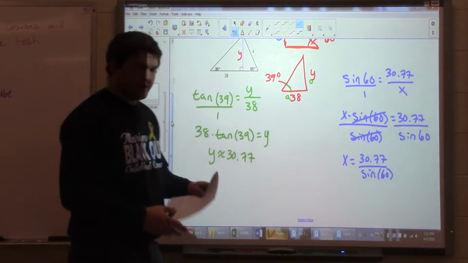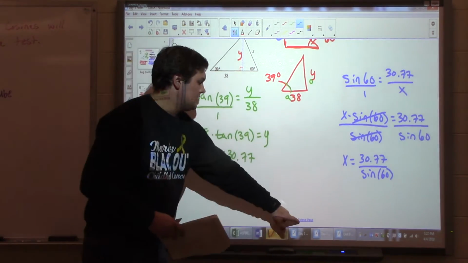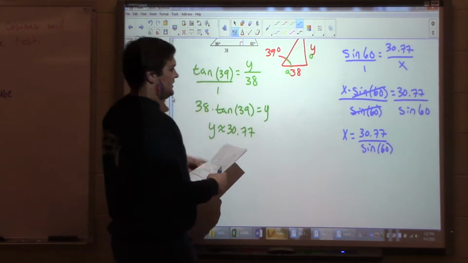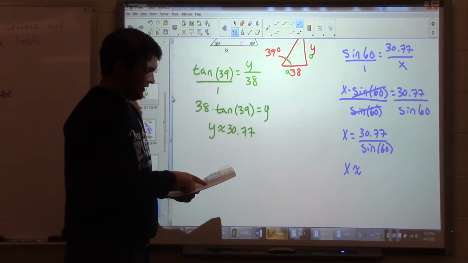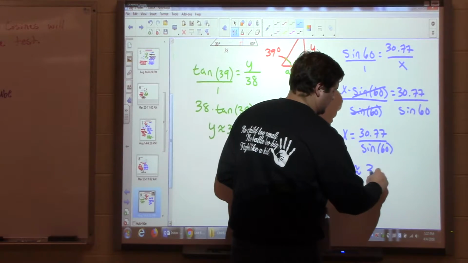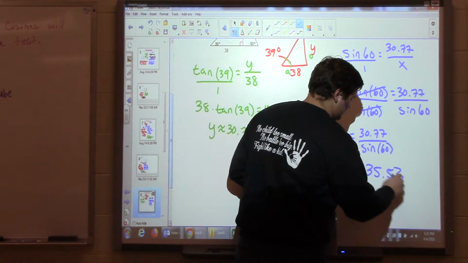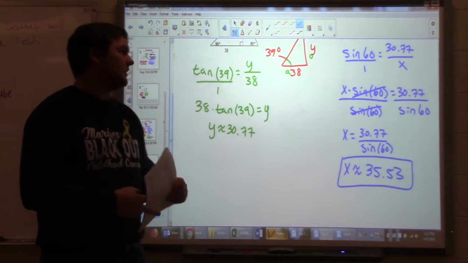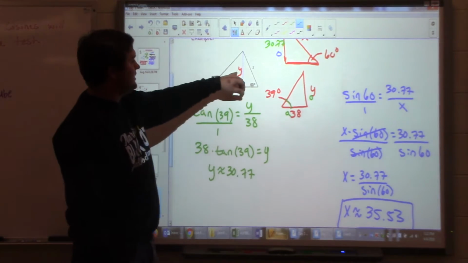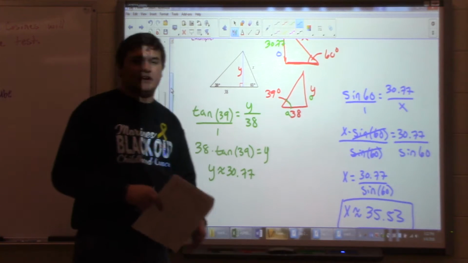And you can punch that in your calculator. Nearest whole degree, X is approximately, we get 35.53. That's our final answer, right? So we got to do more than one thing. Got to use a different triangle to find the side of the triangle we need to use to find X.